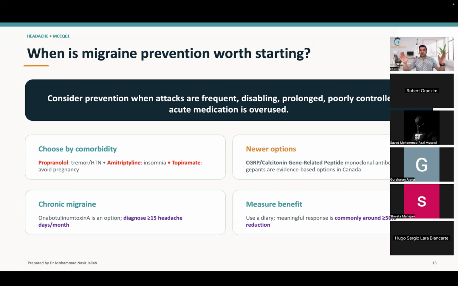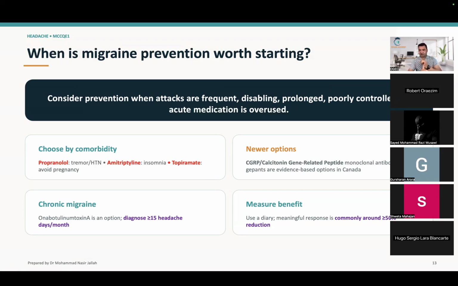Or if they give you a scenario that the patient is having migraine frequently, let's say every other day. Not only that, disabling. When I say disabling, any health issue that interferes with your daily activity is disabling.